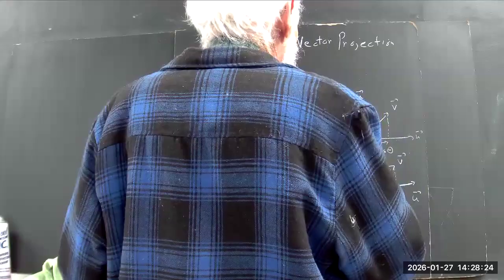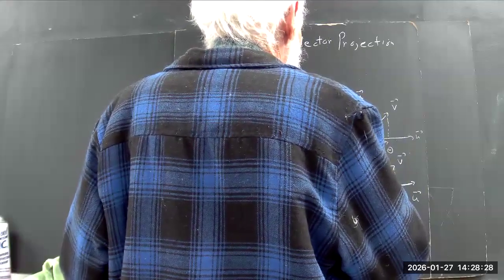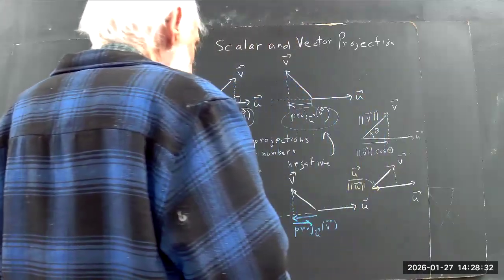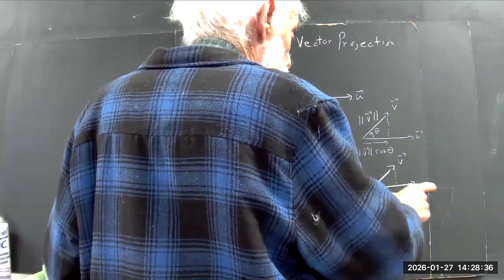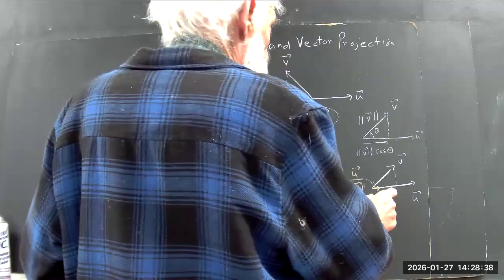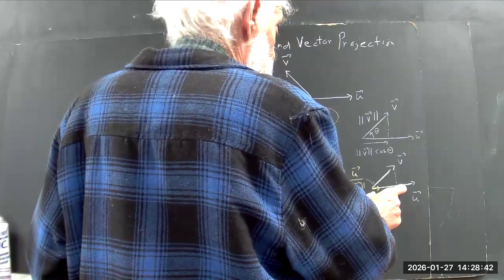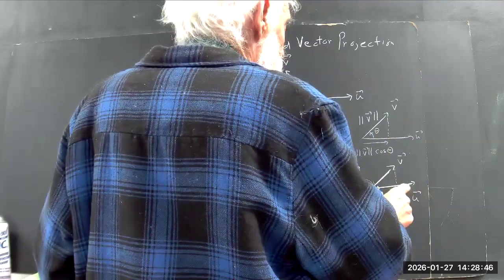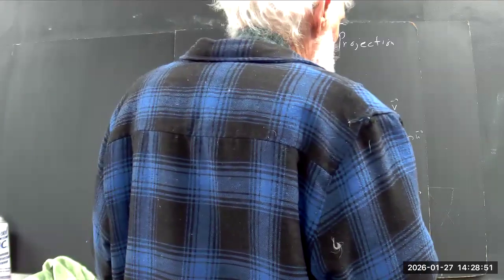So this vector would be the vector u over the magnitude of u. Now, the unit vector might be smaller than the vector projection, it might be bigger. If it's smaller, then the vector projection is going to have a magnitude greater than 1. If it's bigger, then the vector projection is going to have a magnitude less than 1.